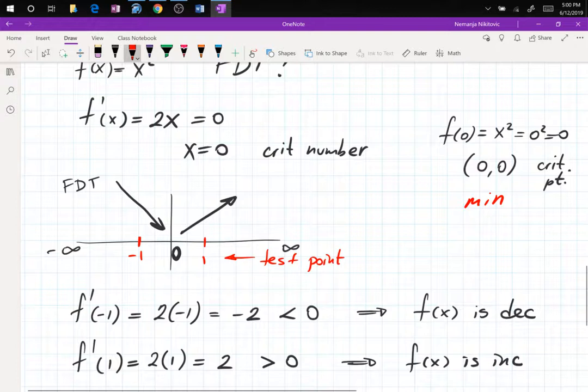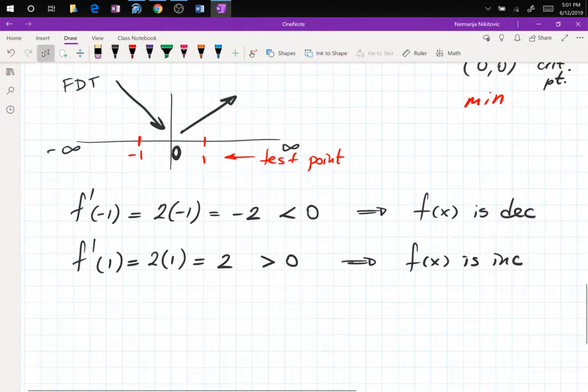Those are the C's from the definition up there. And you plug those test numbers into f prime because it's the first derivative test. So you should be using the first derivative to test the values. So test points go into the first derivative, and you calculate the value. If the value is negative, then it's less than 0, which means decrease. And if the value is positive, larger than 0, it is increase.